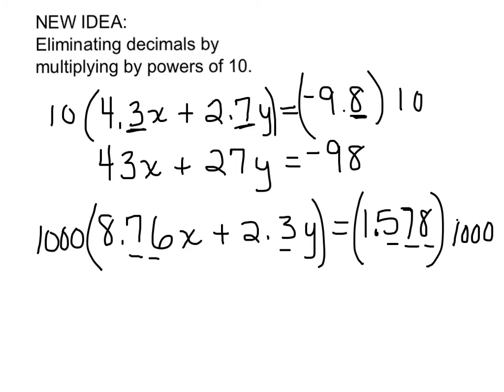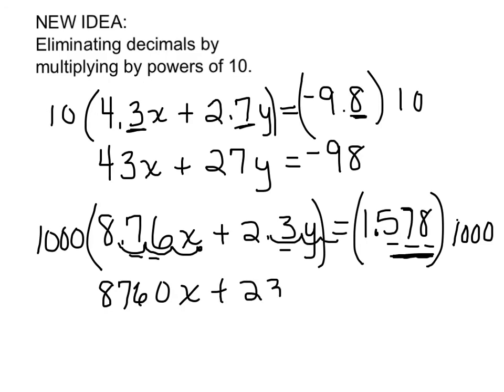The 3rd power comes from these 3 places, and that says move my decimal point 3 places to the right. So I end up with 8,760x plus 2,300y equals 1,578. Okay, I know this was a long one, but that's it for now.